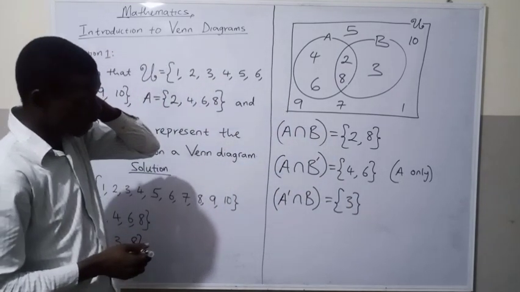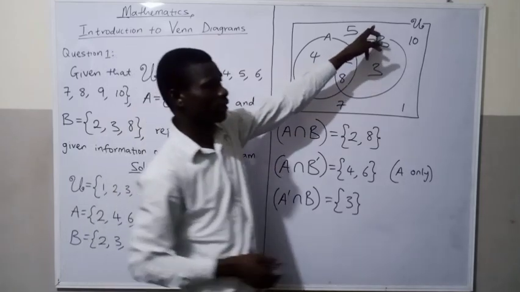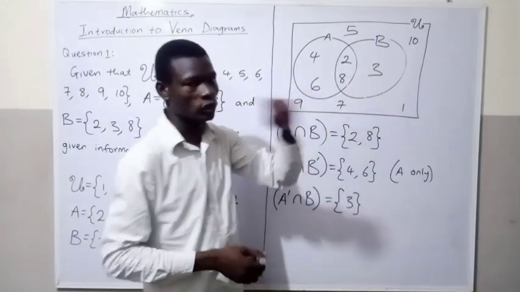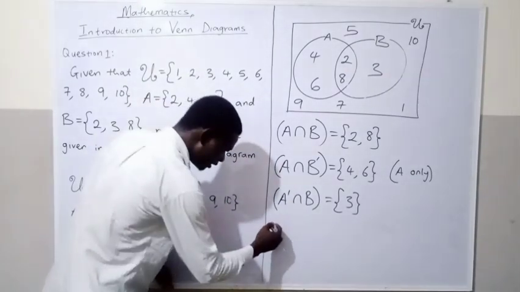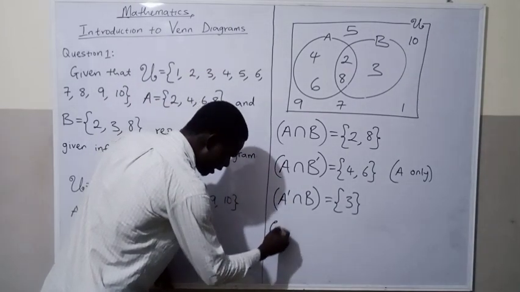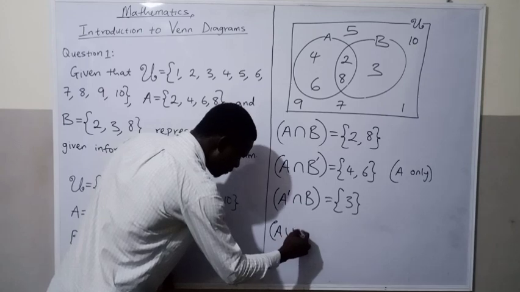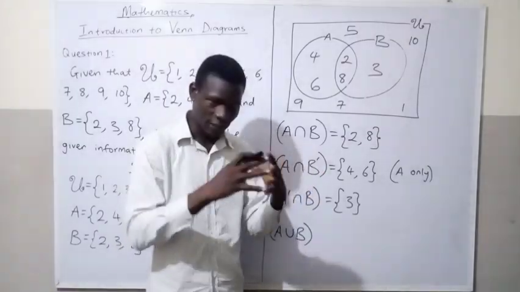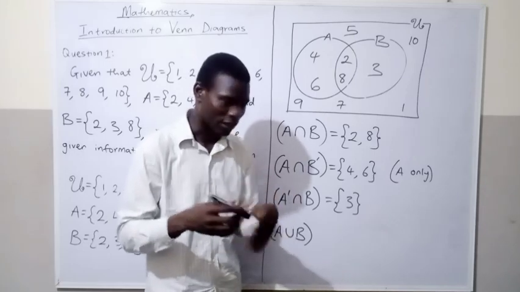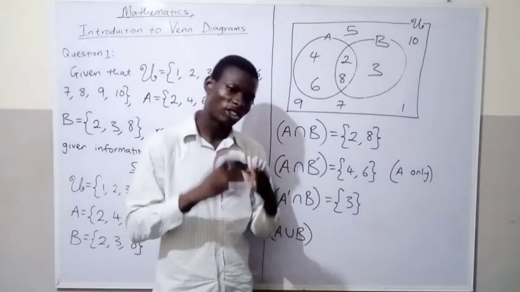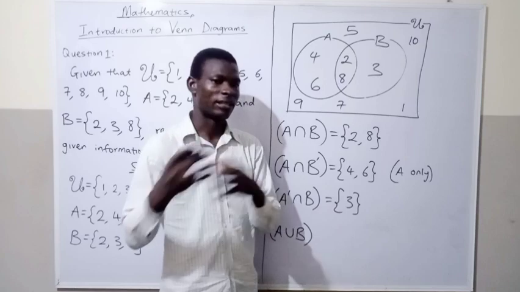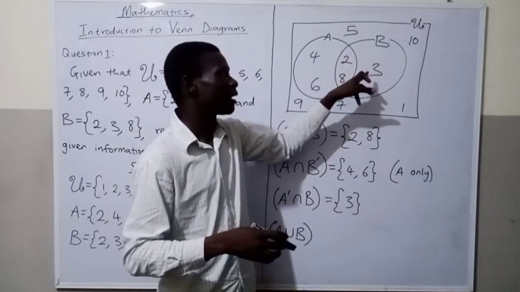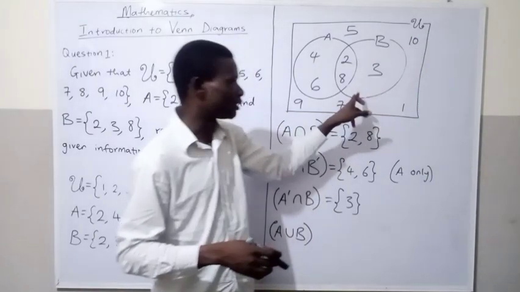Now, which other one? There are elements that are in the universal set, but they don't fall in A and they don't fall in B. So this is the way to write that. A union B. When we talk about A union B, they are the merging of the elements in A and B together. But after you have merged the elements in A and B together, there are elements in the universal set that are not in this union.